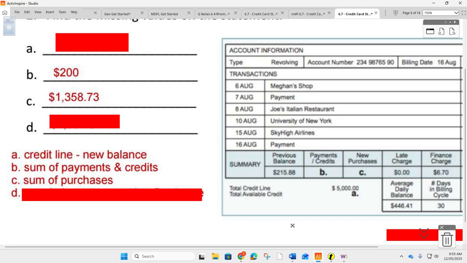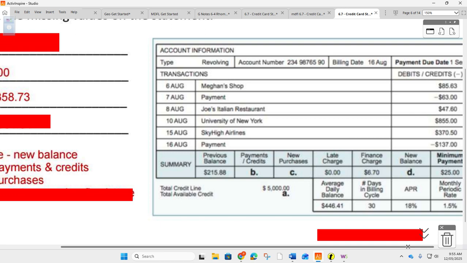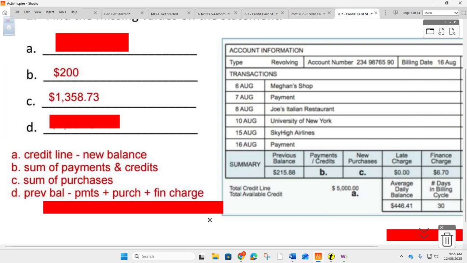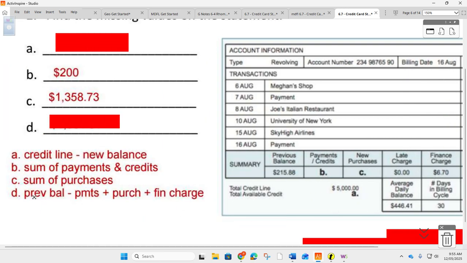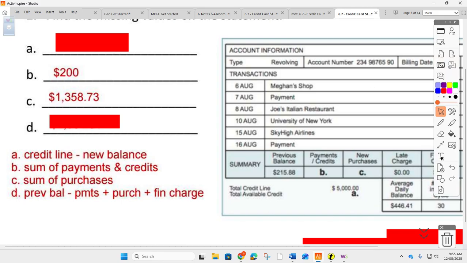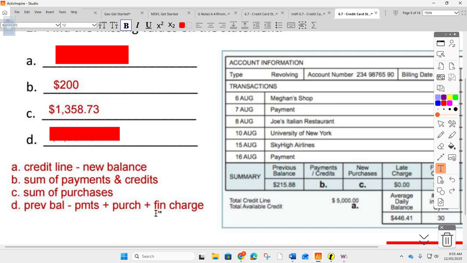All right, D. The new balance. So the new balance is the previous balance minus the payment plus the purchases plus the finance charge, and that does include the late fees too. We add those as well.